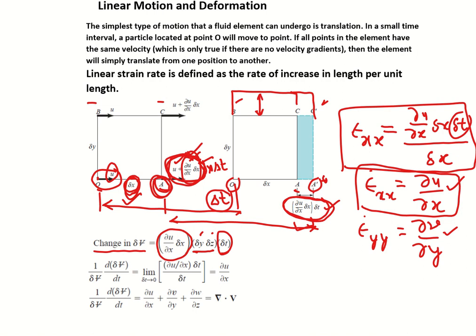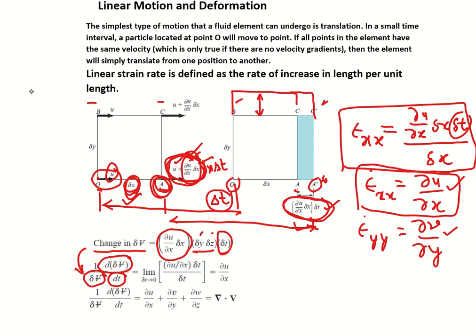Now if we want to know the volumetric strain through it, then volumetric strain is equal to delta of volume divided by volume, and if we want to write in terms of the volumetric strain rate, then divided by dt.